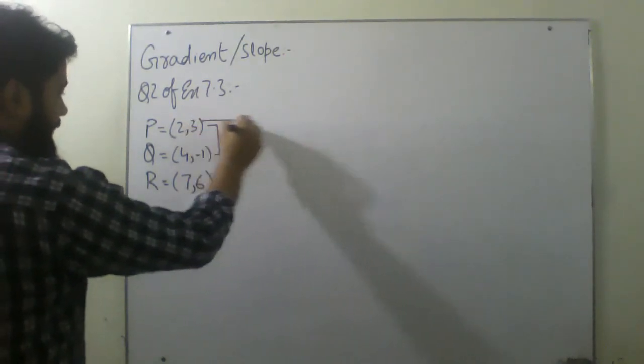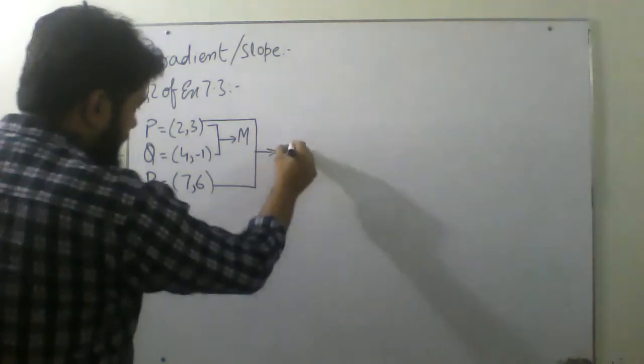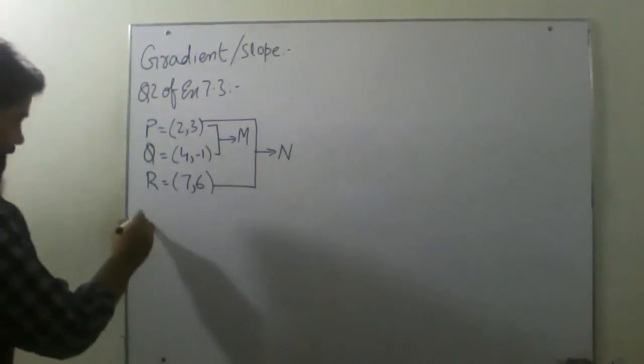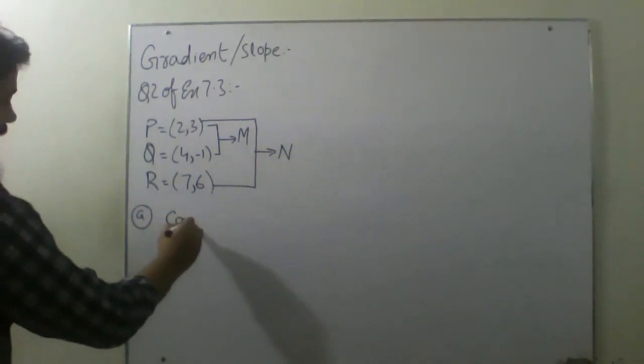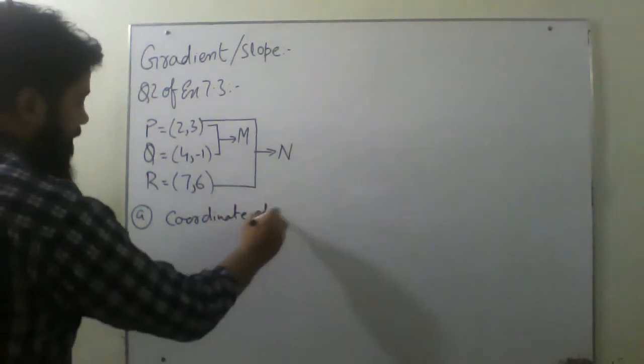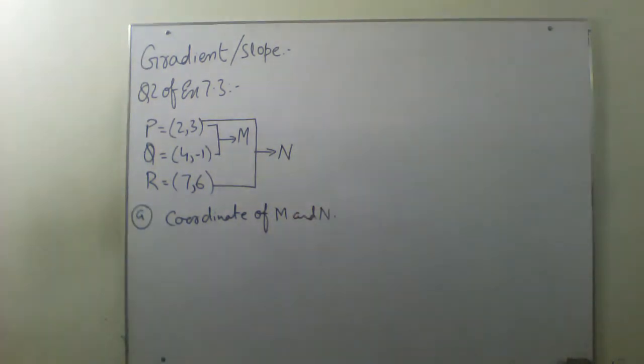After that they are saying M is the midpoint of PQ and N is the midpoint of PR. Now they are telling us that in part A they are asking for the coordinates of M and N. This I have to find in my A part over here.